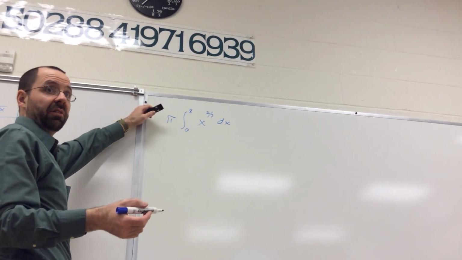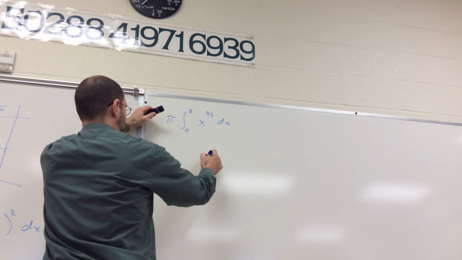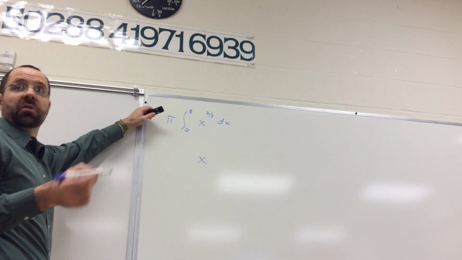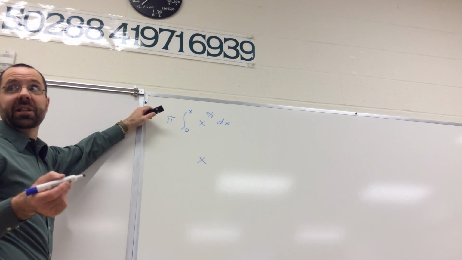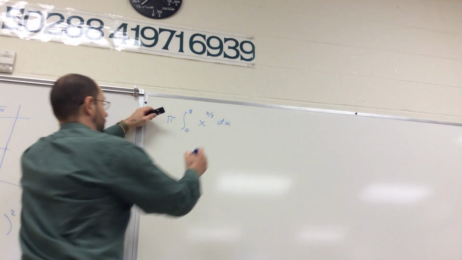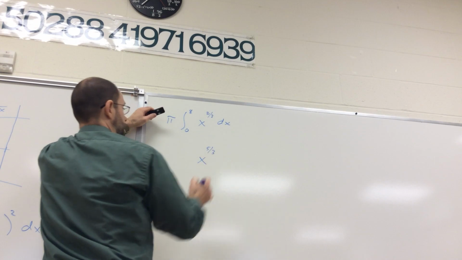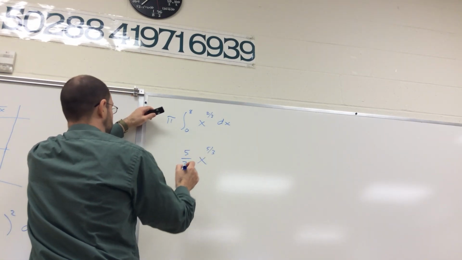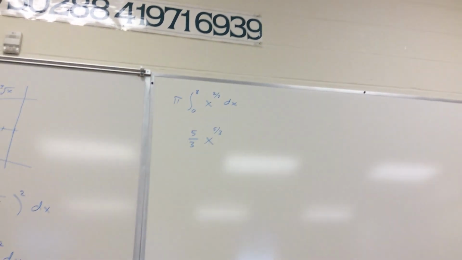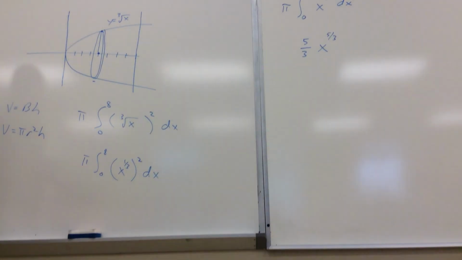Then you have to take the antiderivative, so you add 1. 2/3 plus 1 is the same as 2/3 plus 3/3. So 5/3. Then divide by 5/3, aka multiply by 3/5. I should write 3/5.